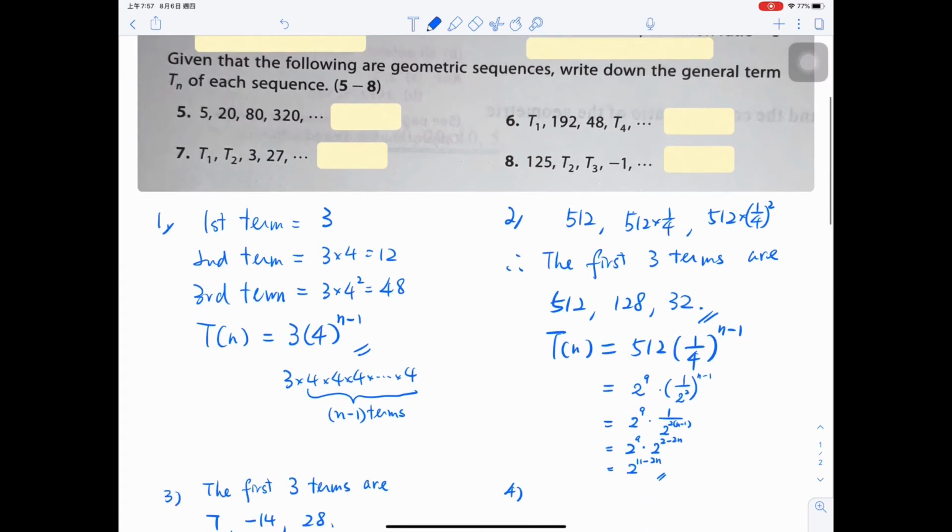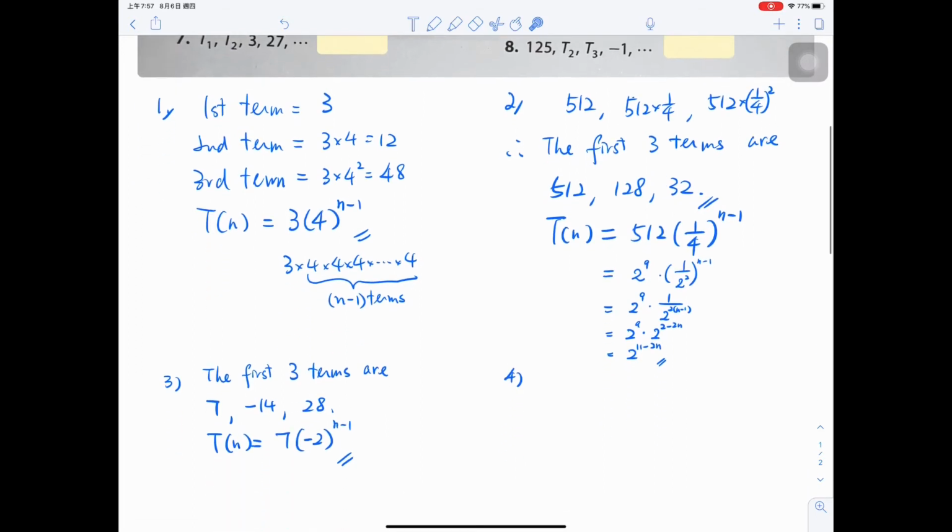Question number 5 to 8. Given the following geometric sequences, write down the general term Tn of each sequence. Number 5: 5, 20, 80, 320. How about this one?